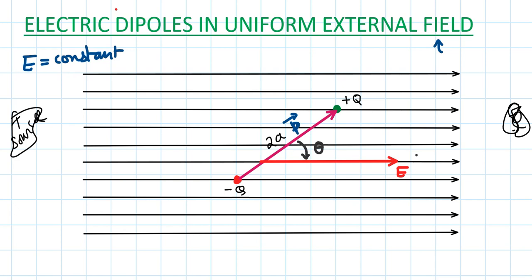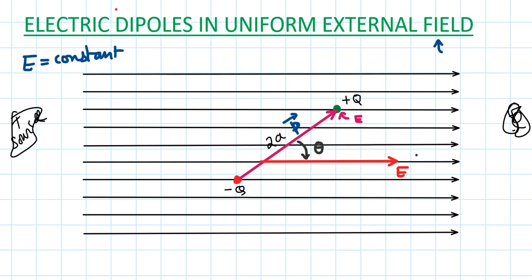What will happen to this plus q charge in the presence of this external electric field? The positive charge will experience some force, right? Because at this particular point there is a value for the electric field, and I call it E. As I mentioned, everywhere it is E because it is a uniform field.